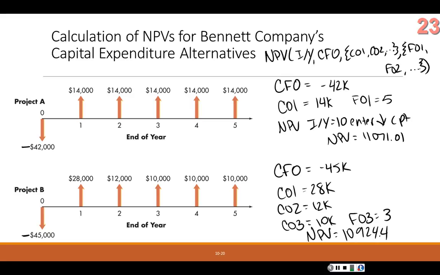So if you have a graphing calculator for the second option, you do NPV 10, comma, negative 45,000, comma, open braces 28,000, comma, 12,000, comma, 10,000, close braces, comma, open braces.